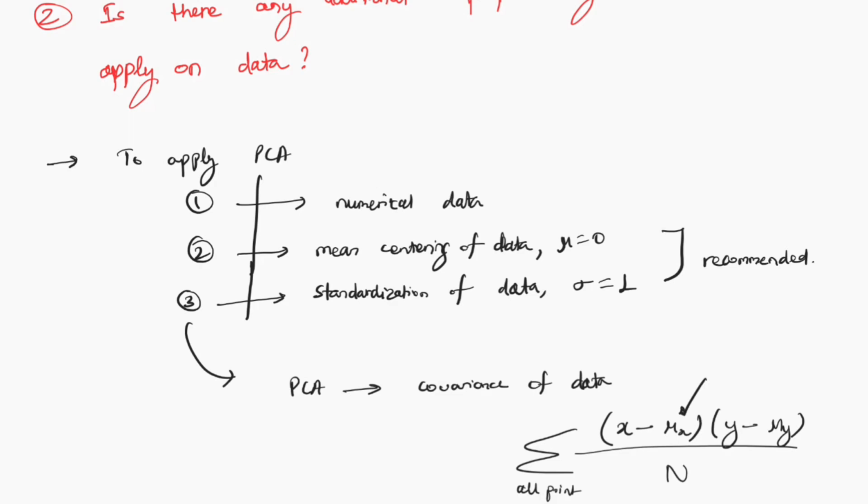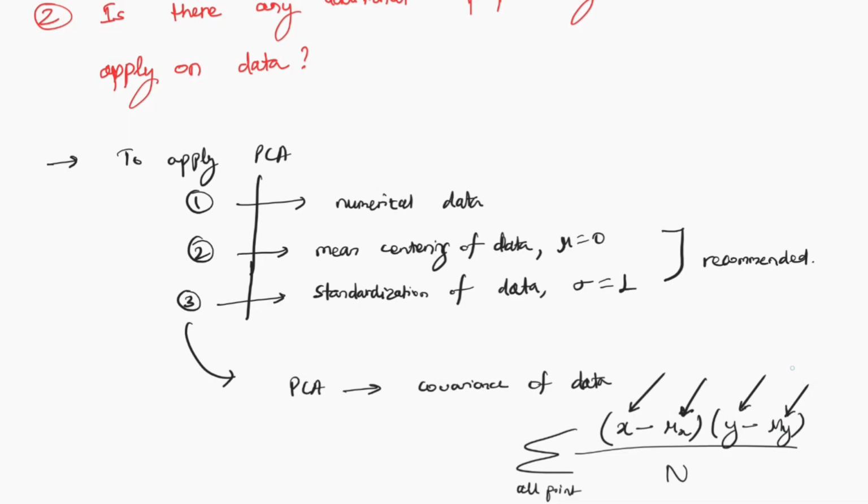So this is the mean in x direction, this is the mean in y direction, this is the y value of some dimension, and this is the x value of another dimension, and we are trying to find the covariance.